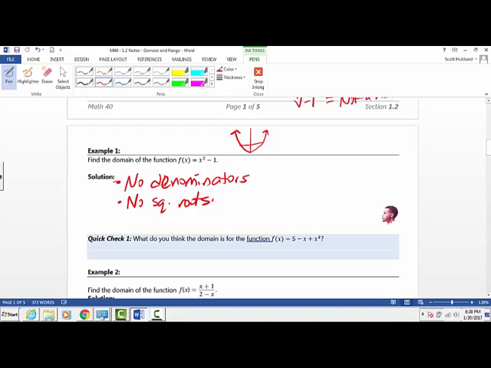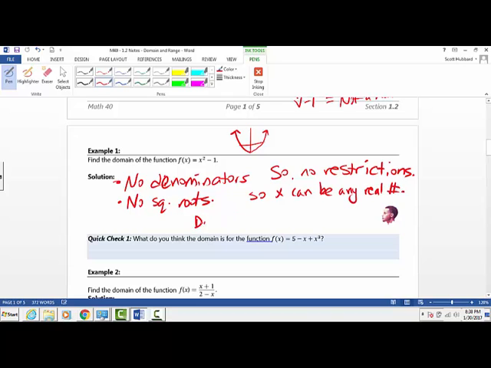Because of that, there's going to be no restrictions. So no restrictions, no trouble spots. So x can be any real number.